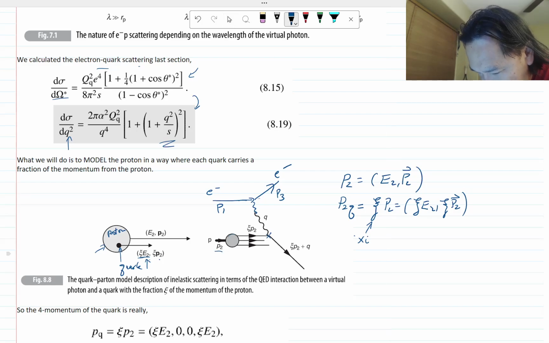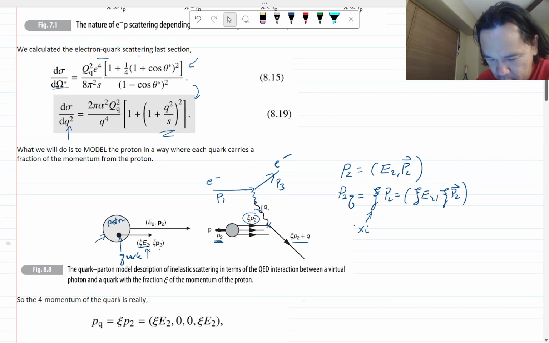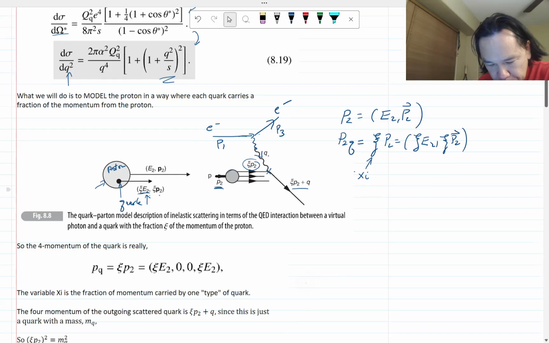Since this proton is carrying momentum P2, that one quark is going to be carrying momentum XC times P2, just a fraction of it. And therefore, the outgoing quark that the photon scatters off will exit with a momentum of XC P2 plus Q, because the photon is going in this direction. All right, so that's the whole setup.